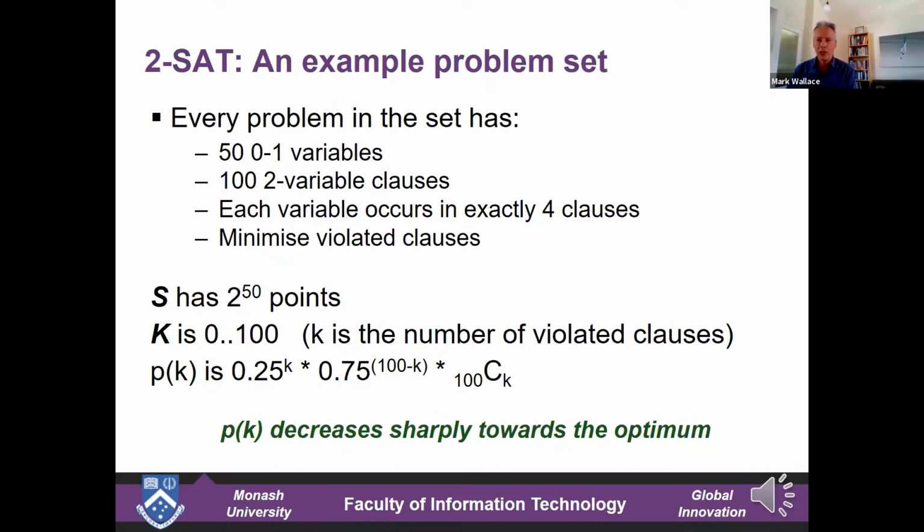The probability of a point having fitness K is a quarter to the K, the probability of a clause being violated is a quarter, times 3/4 to the 100 minus K, which is the probability that 100 minus K clauses are satisfied, times the number of ways of picking K out of 100. So that's PK for any K between 0 and 100.